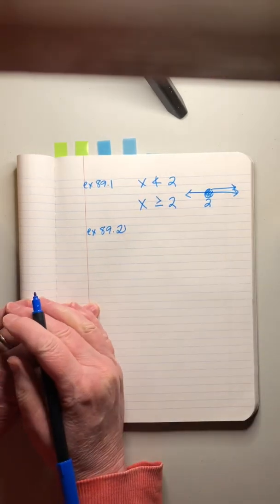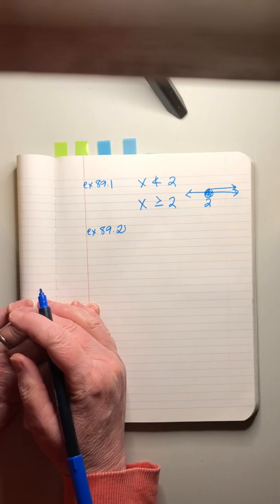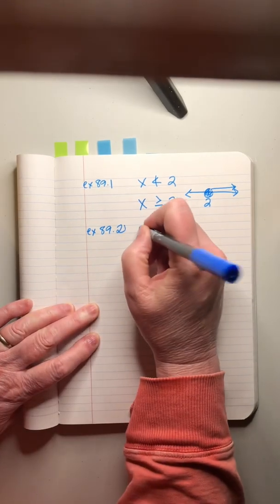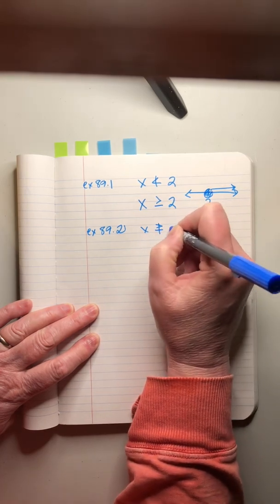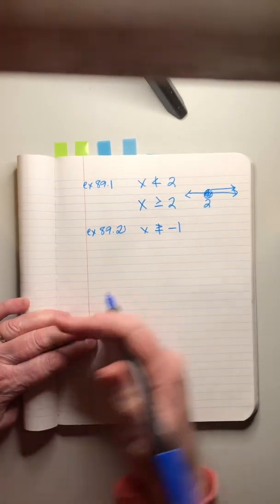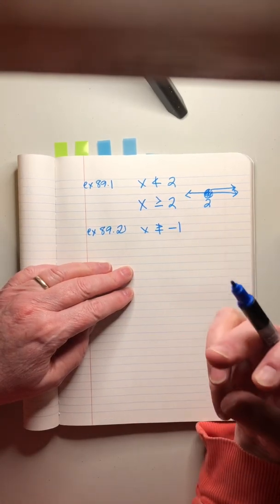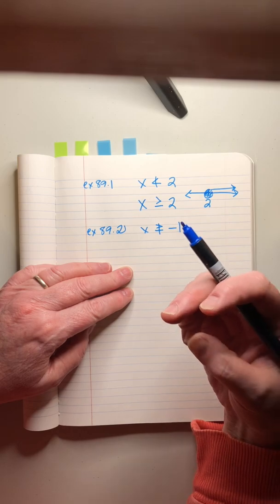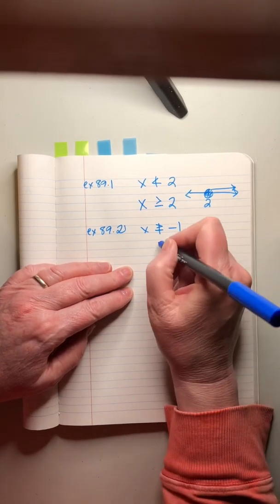89.2. Graph on a number line. Just like I said last time, it helps to look and see how many you've ruled out and know that the total number of options is 3. So if we've ruled out 2, that means there's only 1 left.